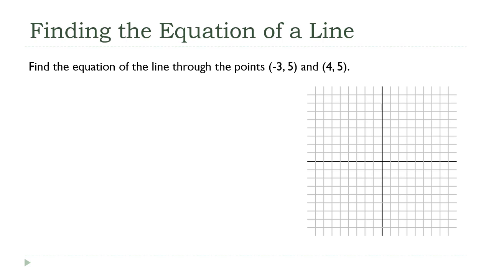If we graph these points, I'm going to go over -3, up 5. I'm going to go over 4, up 5. And you can see pretty quickly, this is, in fact, a horizontal line, right? So if I'm doing these, I don't even go that far.